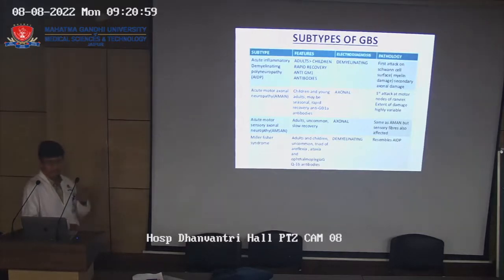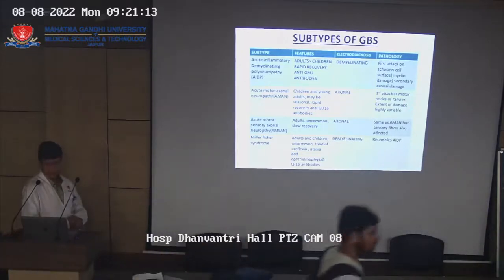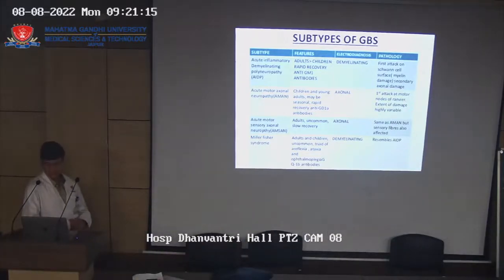So these antibodies are different according to the variant of GBS. In AIDP you will get anti-GM1 antibodies, and in acute motor axonal neuropathy you will get anti-GD1a antibodies. In electrodiagnostic studies you will get an axonal feature. There will be first attack at the motor nodes of Ranvier, and the extent of damage is highly variable.